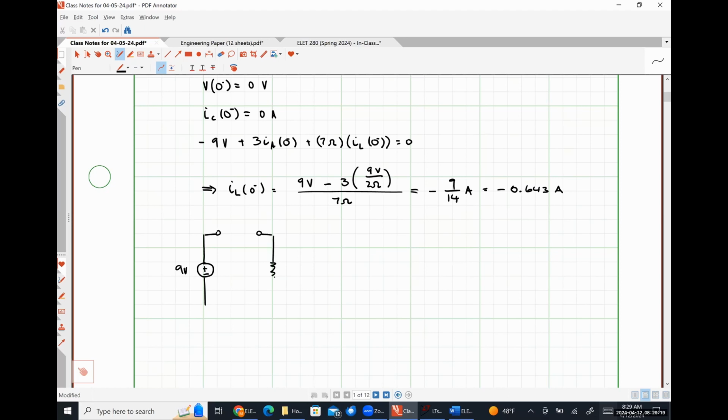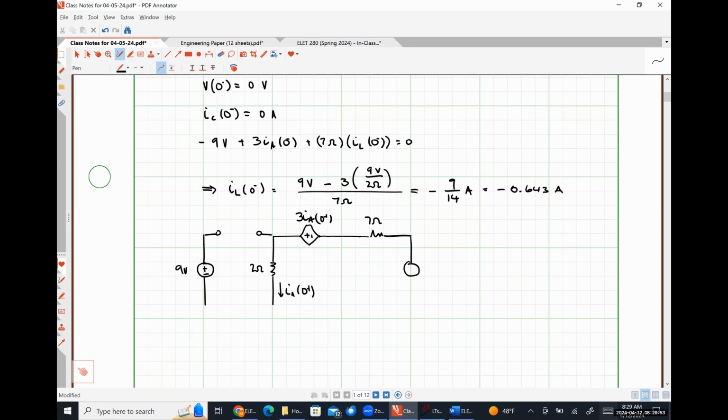Here's my 2 ohm resistor through which a current IA at 0 plus flows. Seven ohm resistor right here.